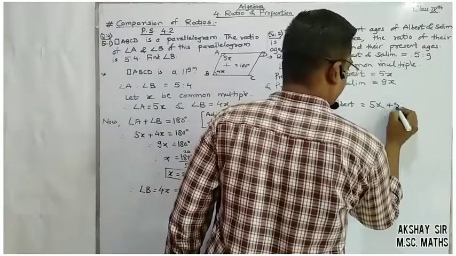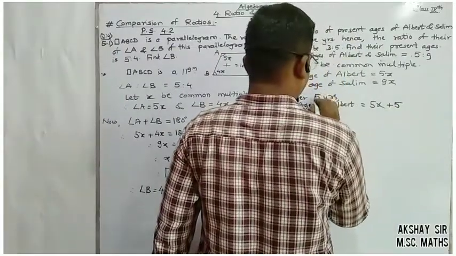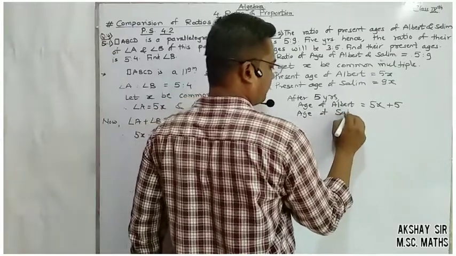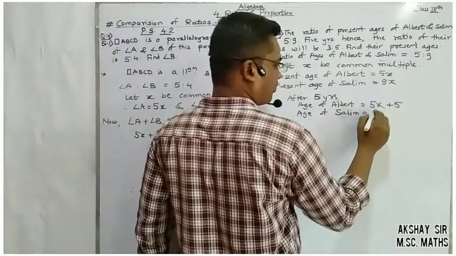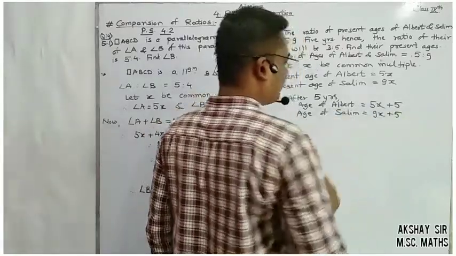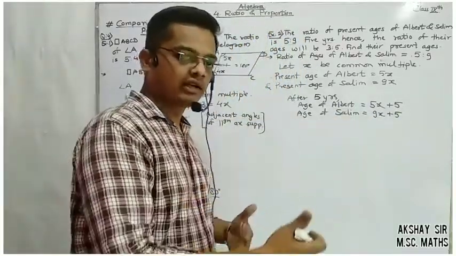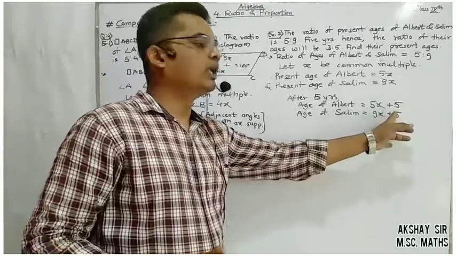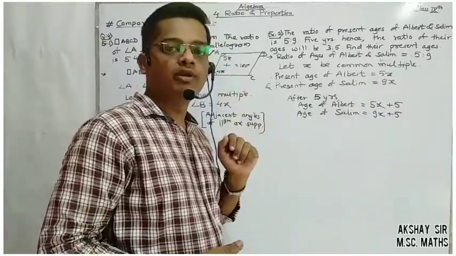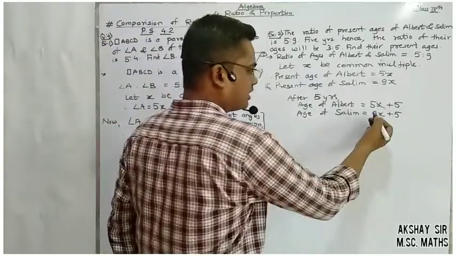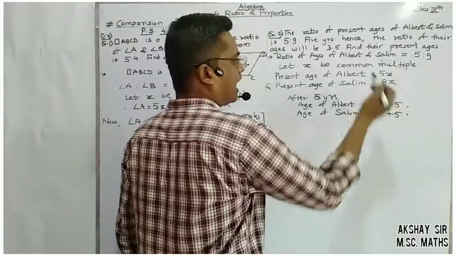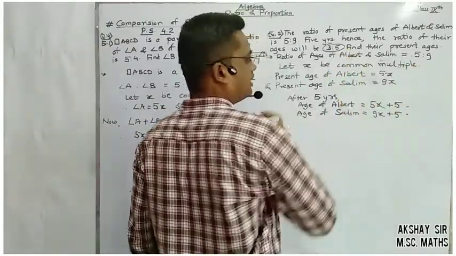Similarly, the age of Salim, present age is 9x, after 5 years it will be plus 5. Remember, when it is hence or later years, always add. If it is back, previous, it will be minus. So these are the ages after 5 years, and that ratio is given as 3:5.